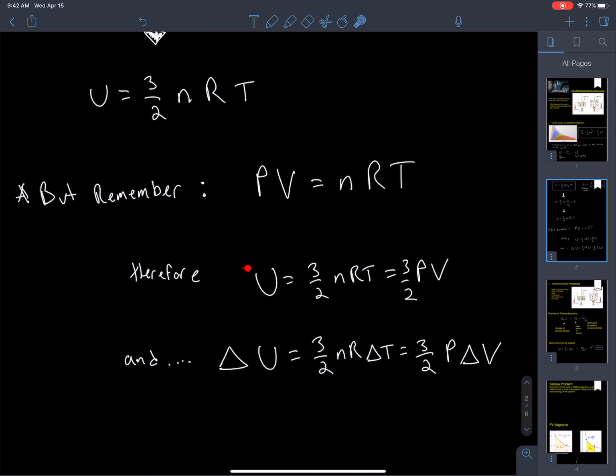And therefore, if I had a change in internal energy, the change in internal energy is related to the change in temperature. If I change the temperature of a gas in a cylinder, it's going to change the internal energy. And likewise, that change in temperature of a gas in a cylinder is going to cause a change in the volume. That's a super important relationship.